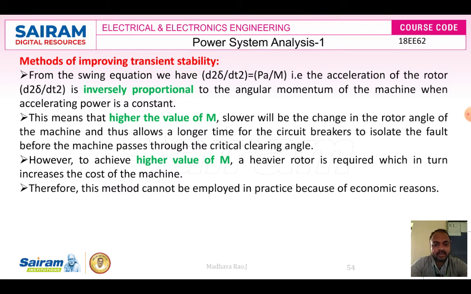However, to achieve higher values of M, a heavier rotor is required. With a heavier rotor, you can isolate the fault within a longer time, but it increases the cost of the machine. A higher value of M means the rotor design must be larger, so the cost of the machine increases, and maintenance and complexity also increase.